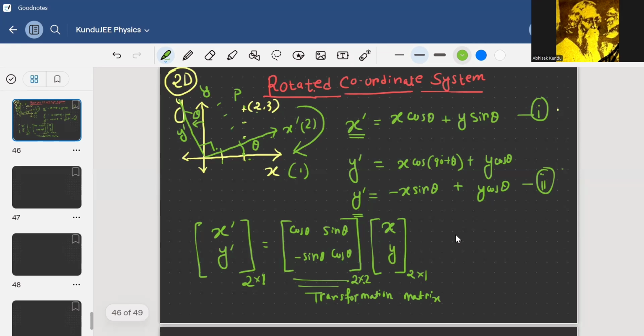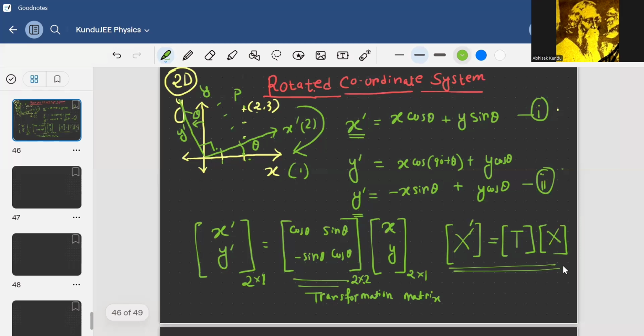So I can write capital X dash, that is the coordinate with respect to the new coordinate system, is going to be T, that is our transformation matrix, multiplied with our old coordinates. Okay.